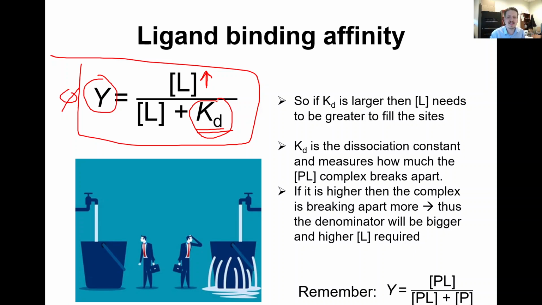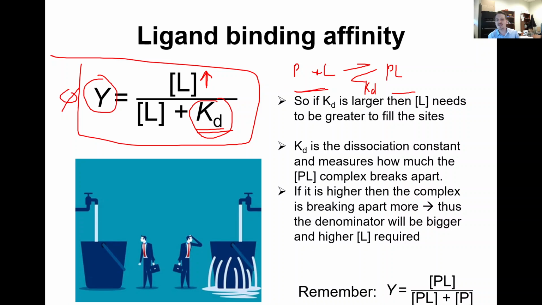And this is still dictated by Le Chatelier's principle, where you have protein and ligand, which forms a protein-ligand complex. And you have the Kd value, and the Kd value is kind of saying, is it more on this side, or more on that side?